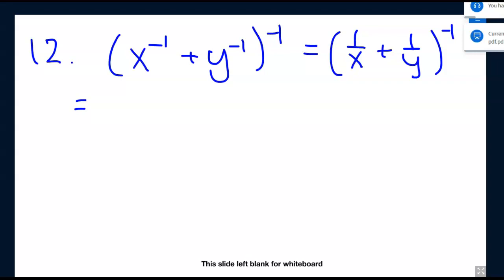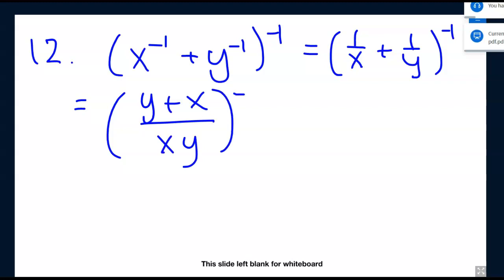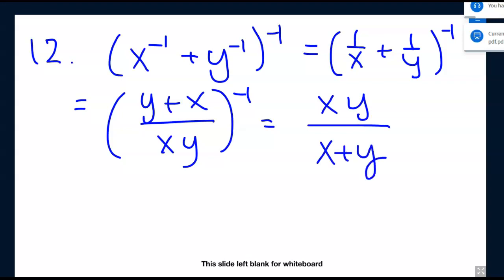So what you have to do is get a common denominator, make it a single inside fraction, and then flip it. So we're going to get y plus x over xy all to the negative 1. Now you flip it and you get xy over x plus y, or y plus x.